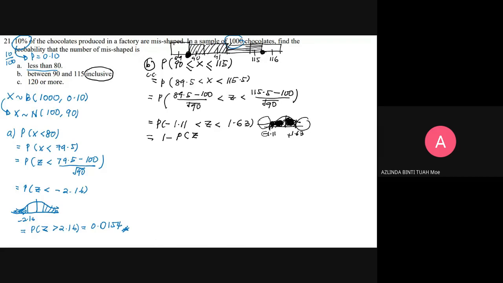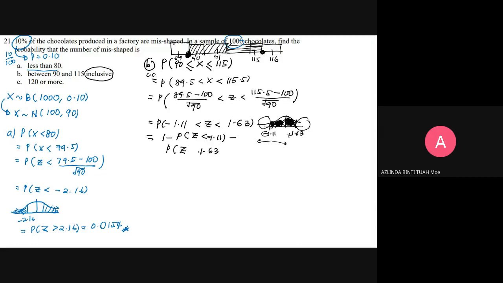So 1 minus the unshaded region on the left. Convert to the P symbol, how, Edika? Z bigger than or less than? Less than, going to negative infinity. Less than negative 1.11. Okay, minus this part, greater than or less than 1.63? Greater than.